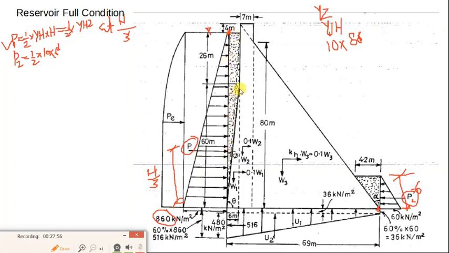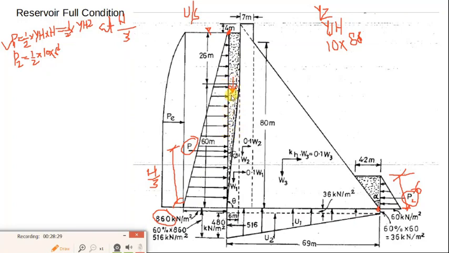Since the upstream face of our dam is not vertical, it is inclined, this inclined face will form a trapezoidal water column above it. So this will be exerting a downward weight on this face, on the heel, on this upstream face. So we have to calculate this.